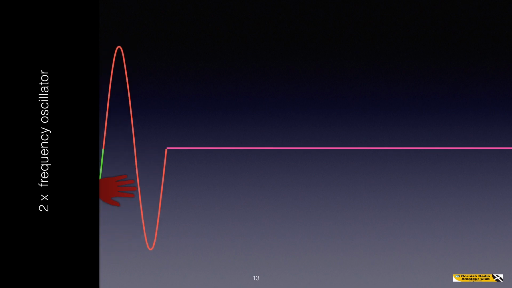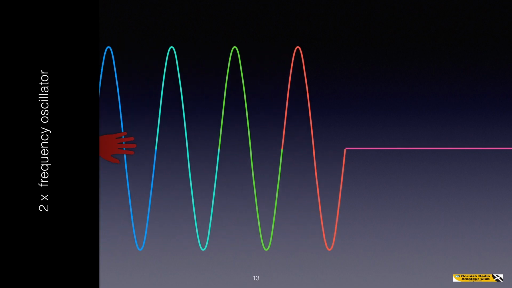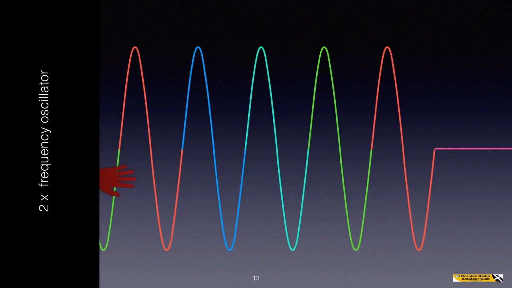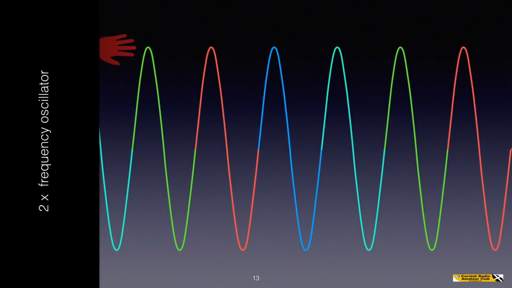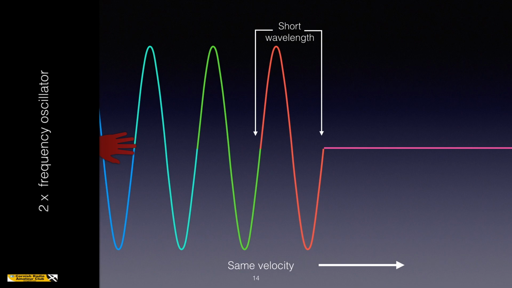So what we saw there was the same speed of propagation from left to right, but with the hand moving faster, we get more cycles of oscillation on the floor. In other words, we're seeing a shorter wavelength for the same velocity.